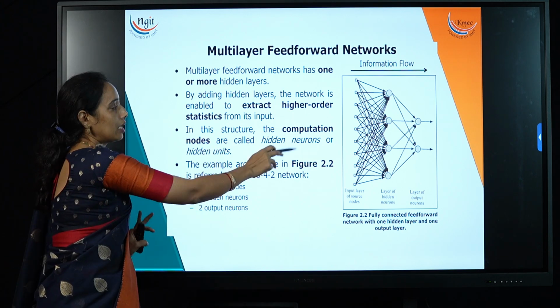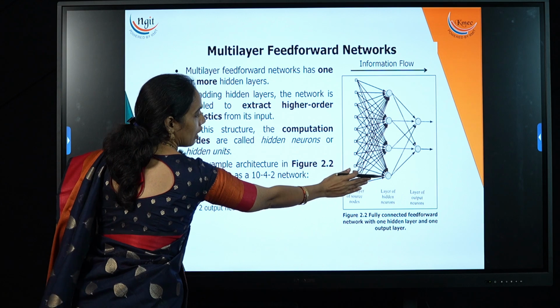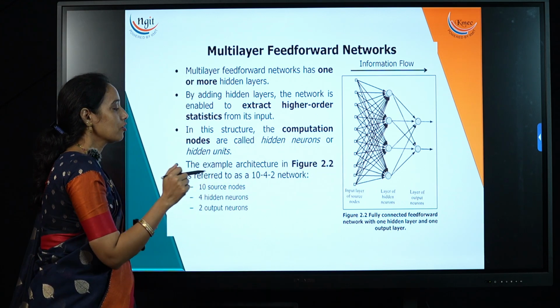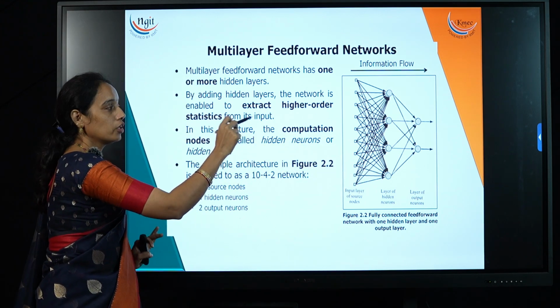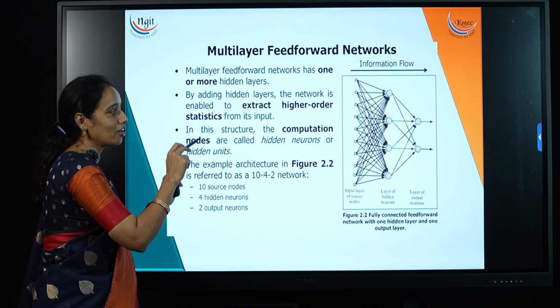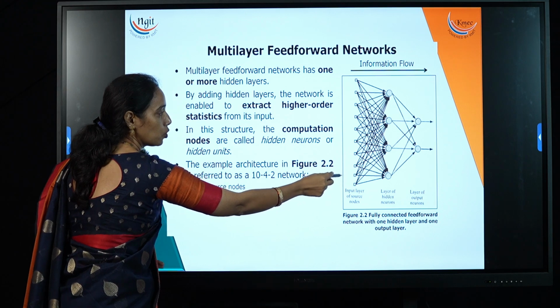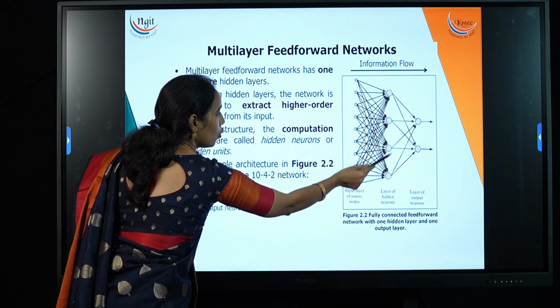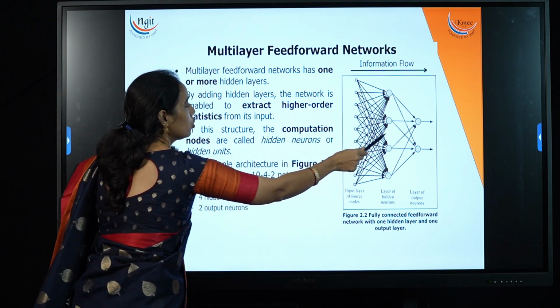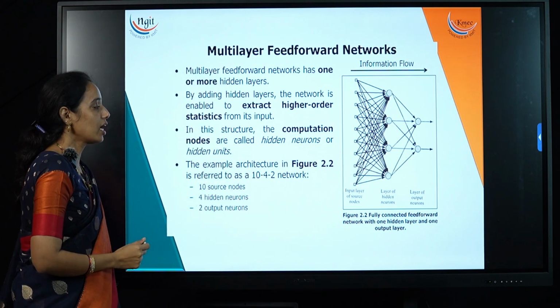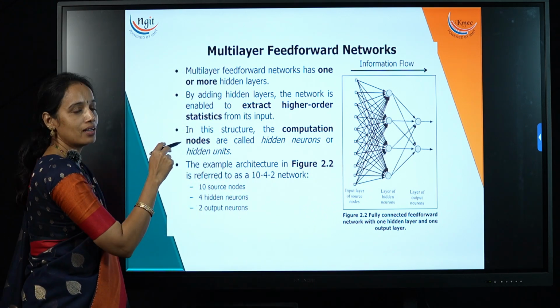And the example architecture displayed here, we generally refer to as a 10-4-2 network. What we mean by 10-4-2 is that we have 10 source nodes as the input nodes, four hidden neurons, and two output neurons. That's why we call this network 10-4-2.